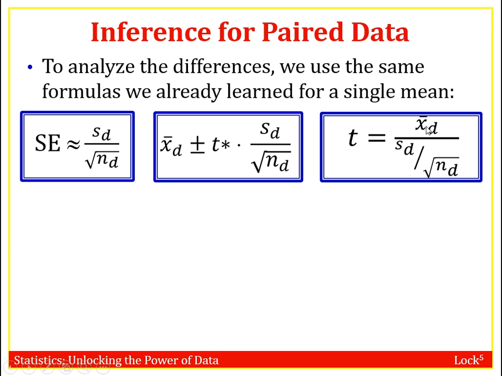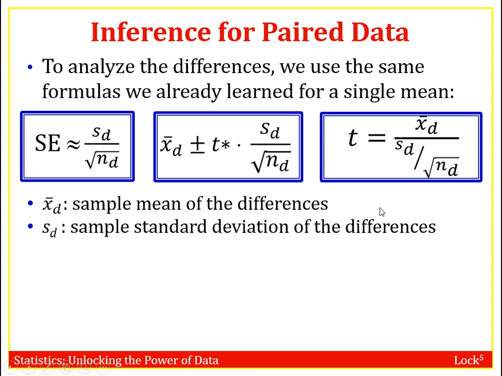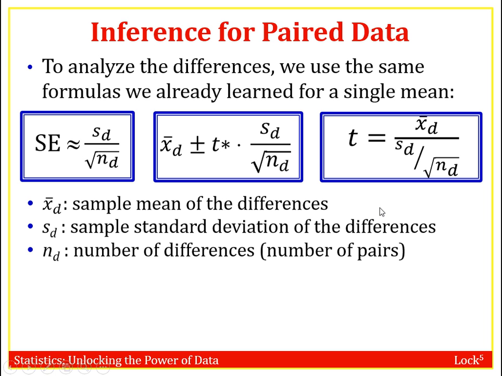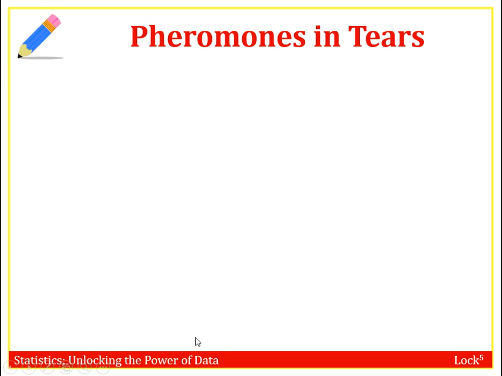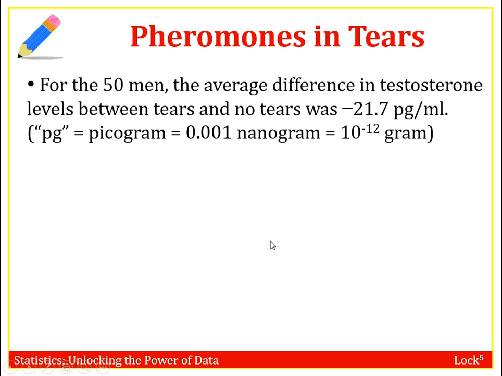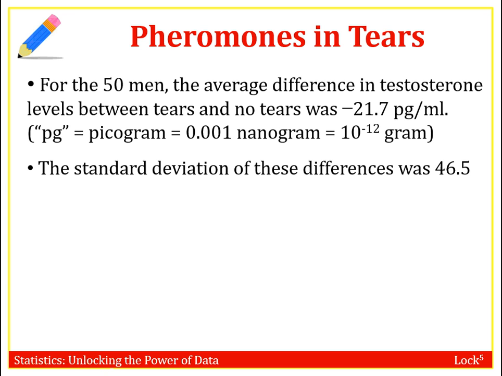It's the differences in those means, x bar, over that standard error. It'll be a t-distribution if it is larger than 30, with the degrees of freedom being one smaller than your sample size. So let's see if these tears make a difference.